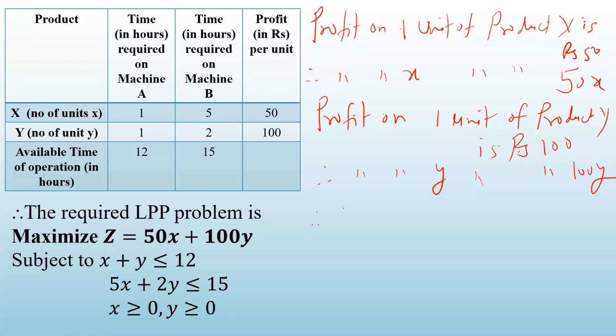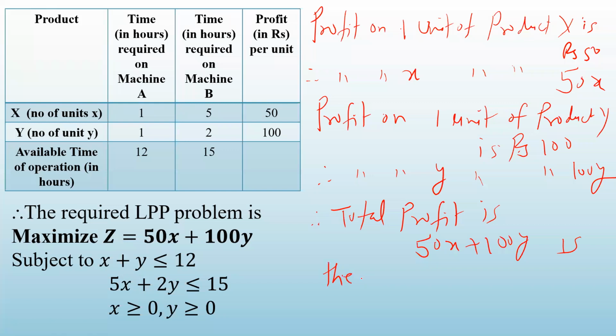Correct? So what is the total profit? Total profit is 50x plus 100y. Look at here. X units of product X का profit है 50x. Y unit of product Y का 100y. So total profit कितना हो गया? 50x plus 100y. So this is the objective function which is to be maximized.